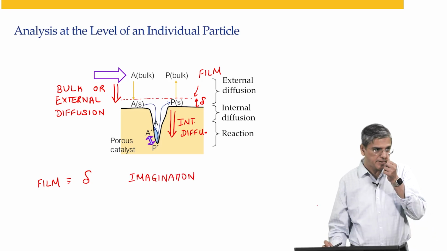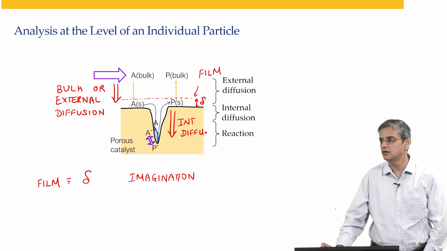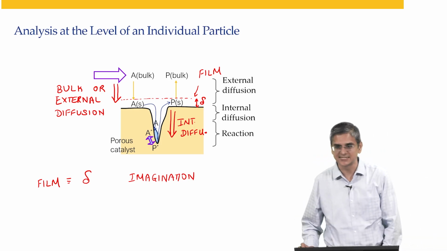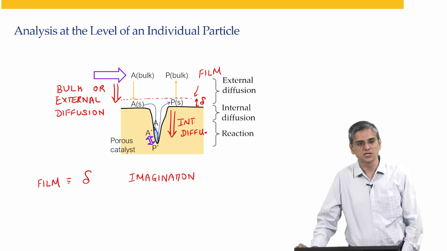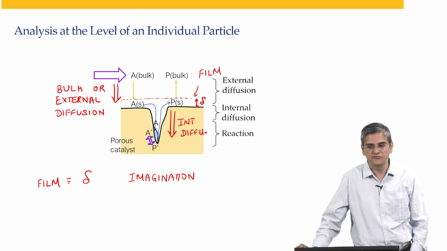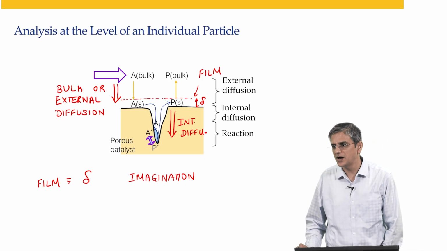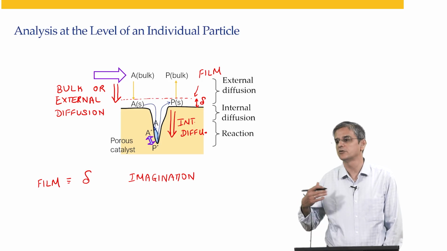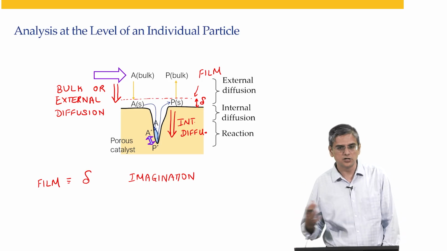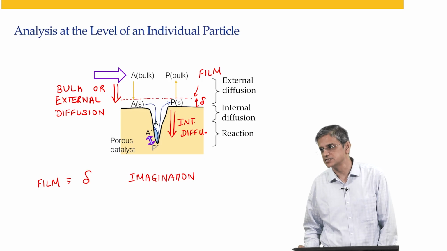It may not exist. I am using the words may not, I am not saying it does not. There are some cases where a film does actually exist, but for the most part it is something that we are going to use in order to simplify our analysis.